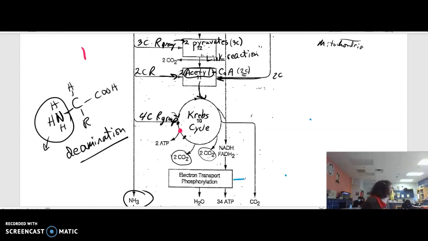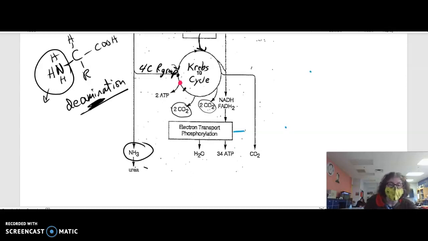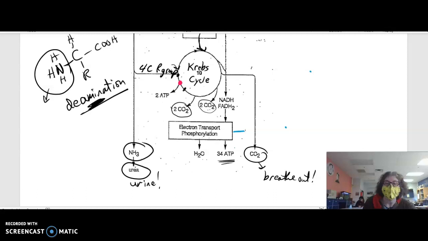Deamination means taking off the amine group. That's exactly what it means. And we actually talked about this when I talked about human excretion. And where does that go? Into your urine, right? And you pee it out. Just like carbon dioxide goes into your lungs and you breathe it out. Whereas that you need. The most important part of the whole thing.